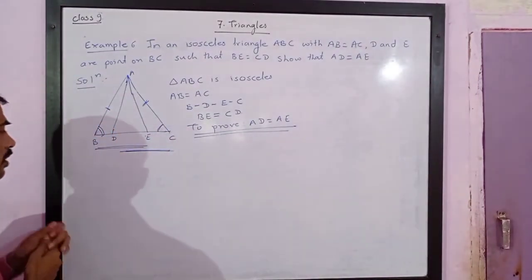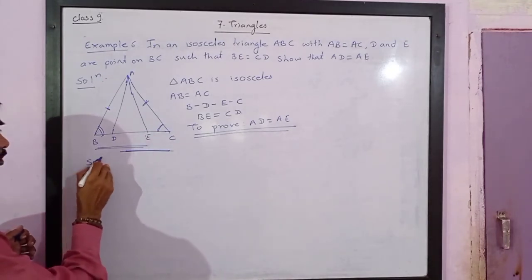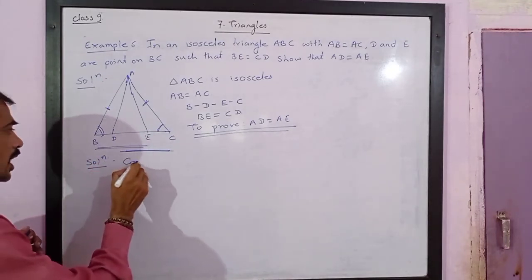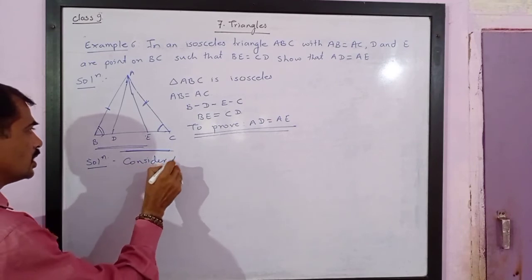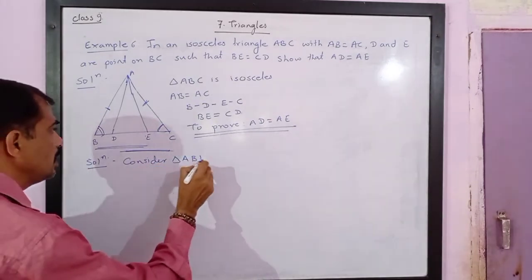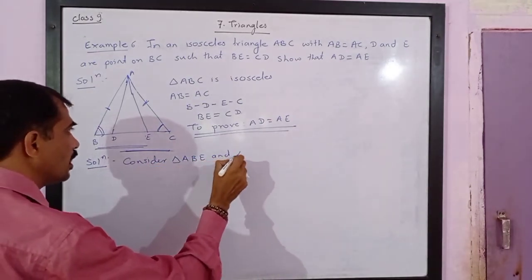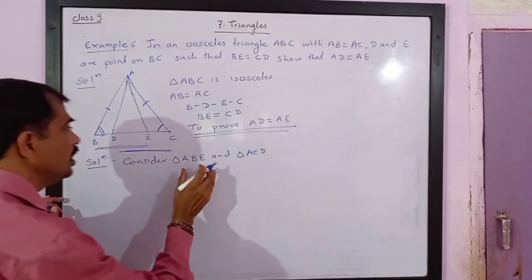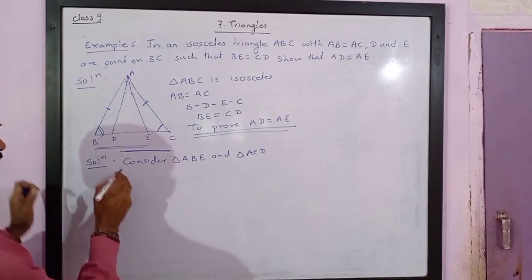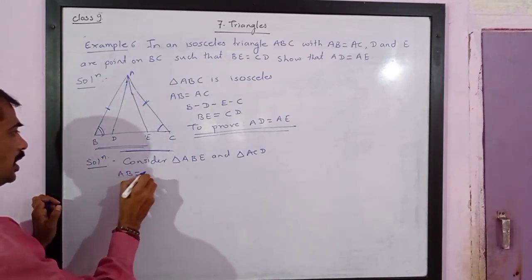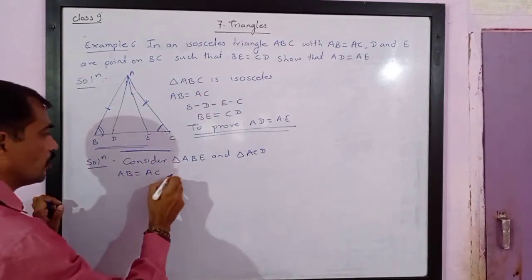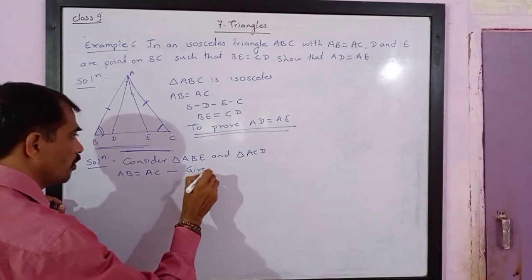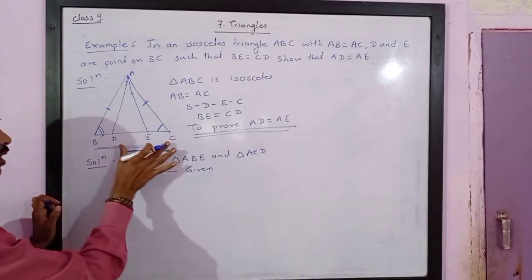Let us solve this. So consider triangle ABE and triangle ACD. In this, AB is equal to AC. This is given to us. Then BE is equal to CD.